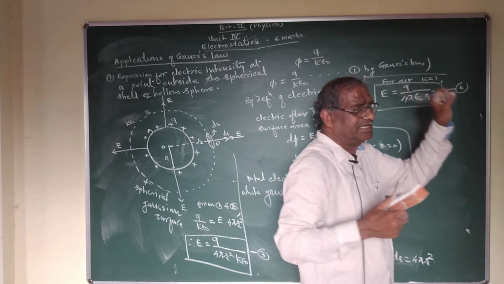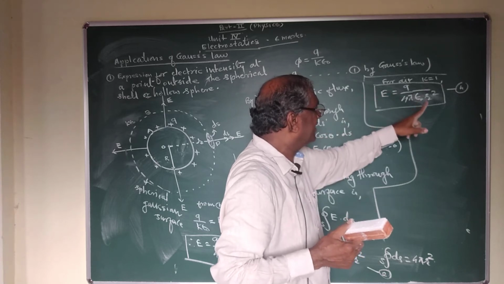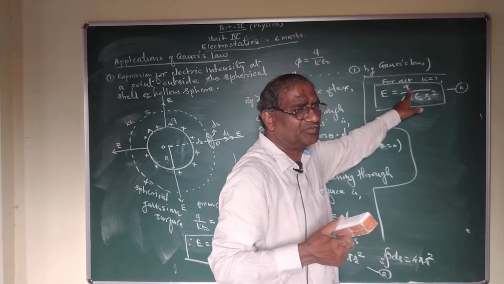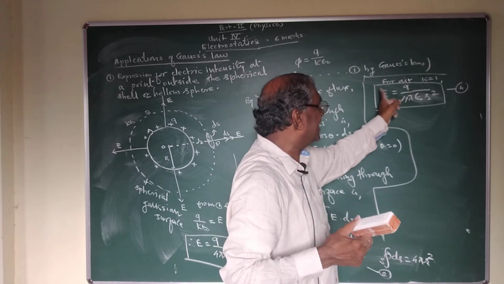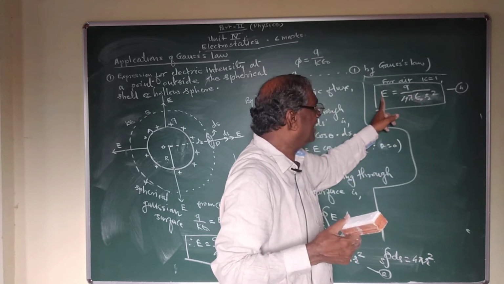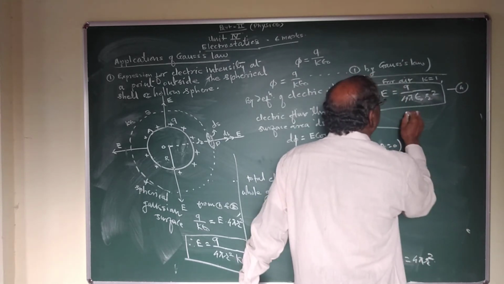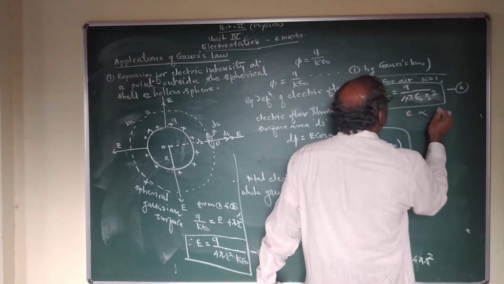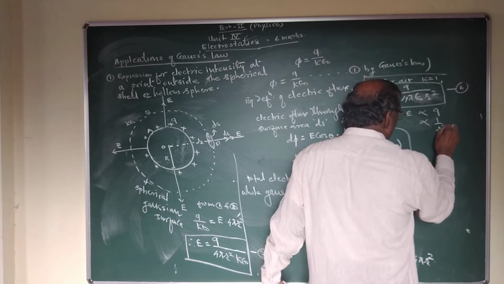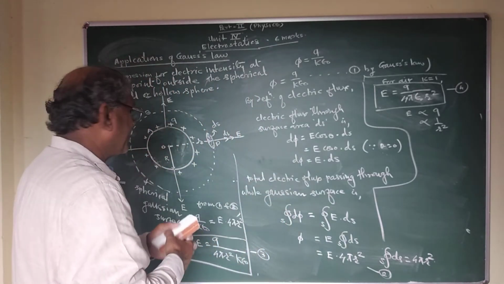From this equation, it shows that the electric intensity produced at a point depends upon which factor? It depends upon the strength of the electric charge q. E is directly proportional to q, and inversely proportional to the square of the distance, that is r square.